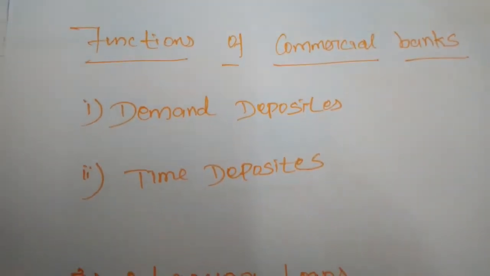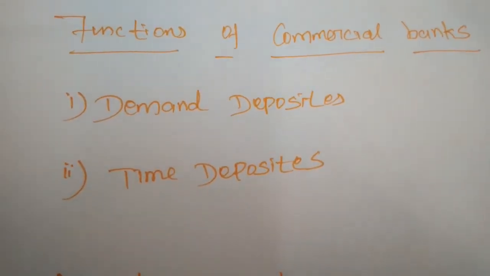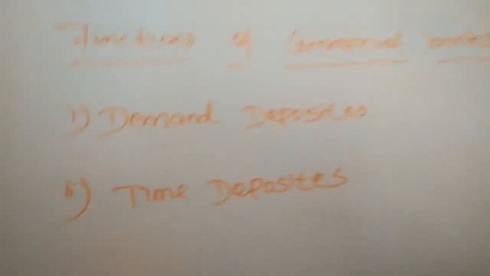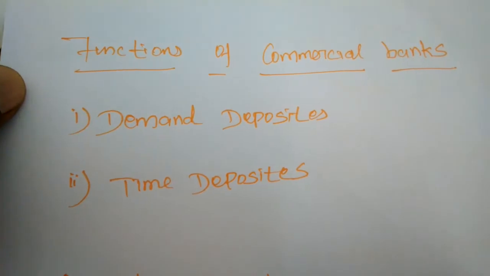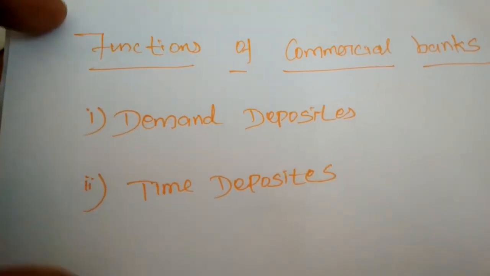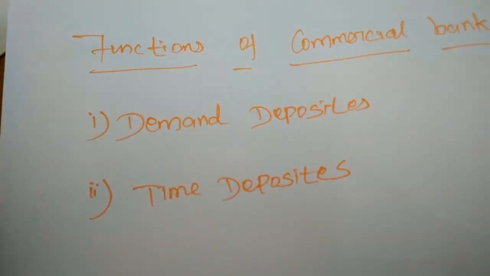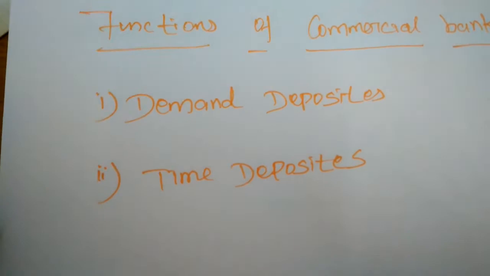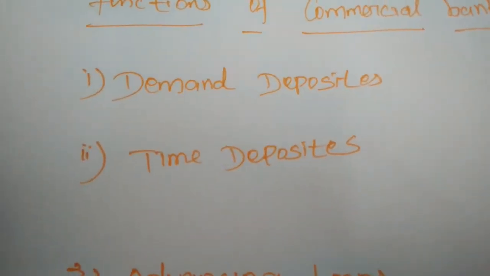The main source of the commercial bank is public deposit only. So the commercial bank accepts deposits from the public. This also has two types: the first one is demand deposits and the other is time deposits.